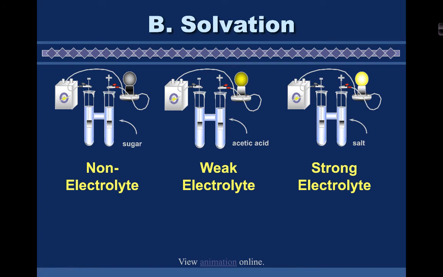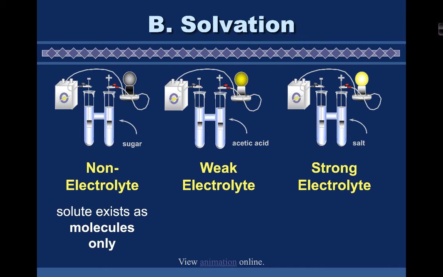Now, if you do put ions or charged particles into a solution, it can be electrically conductive. If I were to put something in a solution and there are no charged particles being put into the solution, it's a non-electrolyte. These non-electrolytes occur when you have molecular solvation.